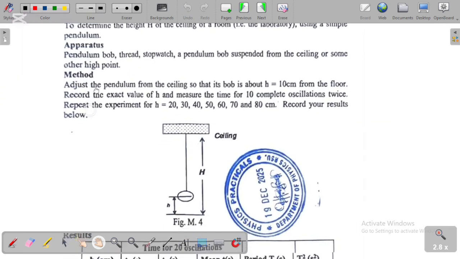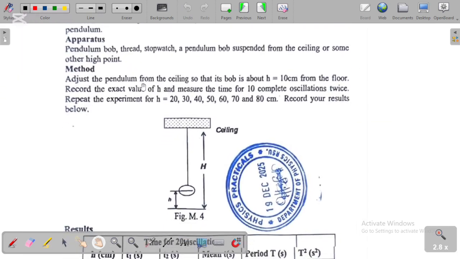Alright, let's check the method. Adjust the pendulum from the ceiling so that its bulb is about h equal to 10 cm from the floor. Record the exact value of h and measure the time for 10 complete oscillations. So we have the number of complete oscillations is 10.